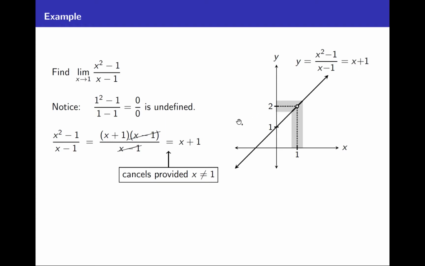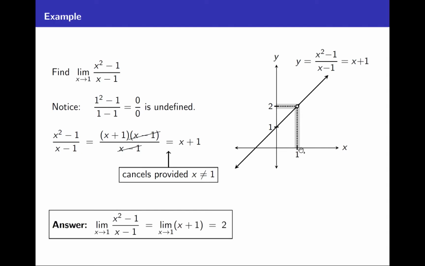And you can see here that if you take a little narrow strip around x equals 1, the number that x is approaching in this limit, your corresponding f of x values for these x values are going to be around 2. And as you make this open interval smaller and smaller, those corresponding f of x values get closer and closer to 2.